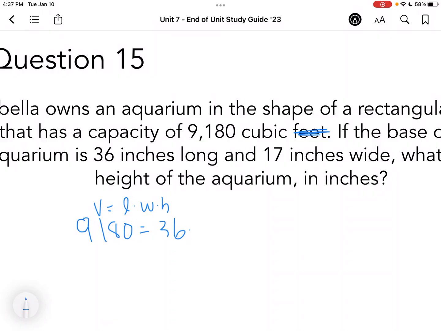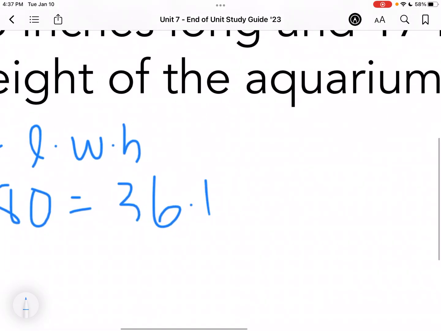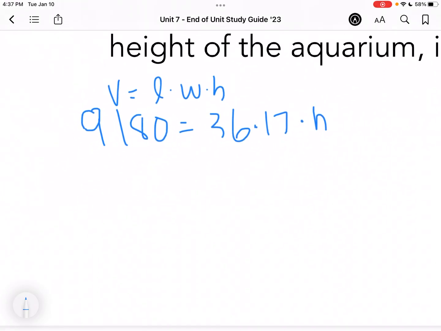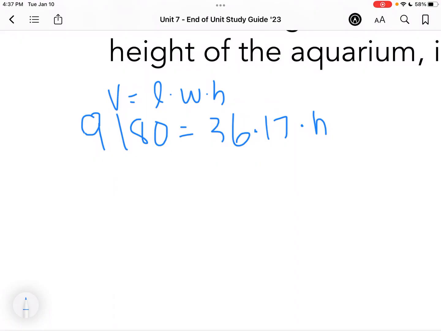I think I may have done a typo here. I think this is supposed to be inches. Times 17 times an unknown height. So I'm going to do 36 times 17. And I get 612 times the height.